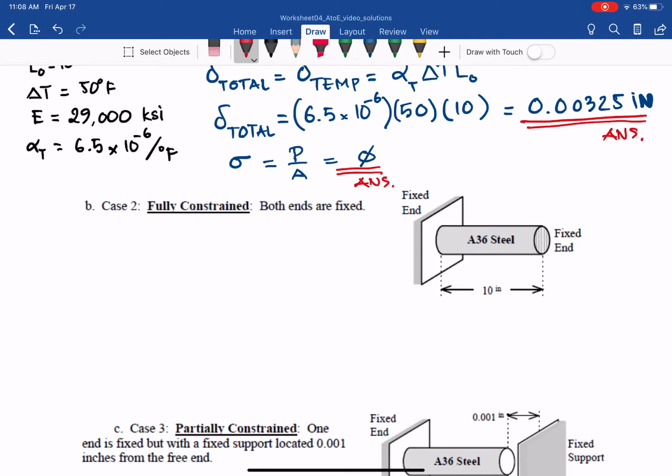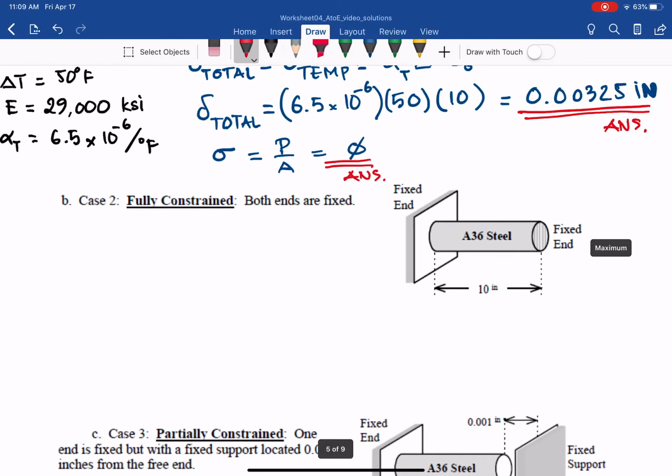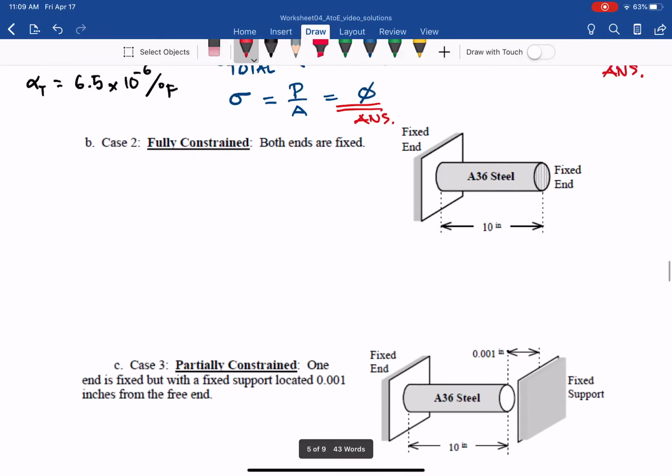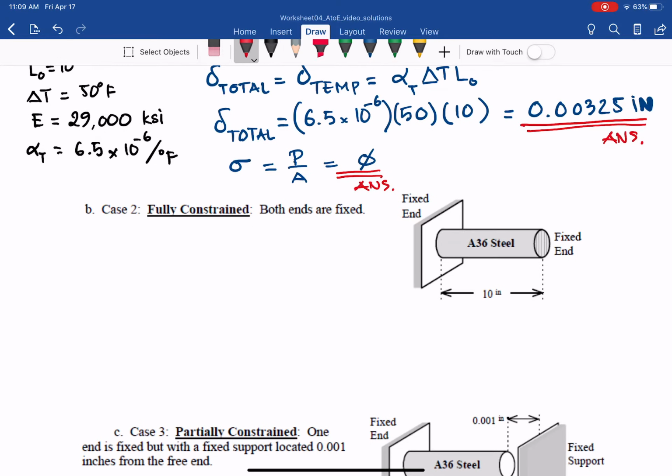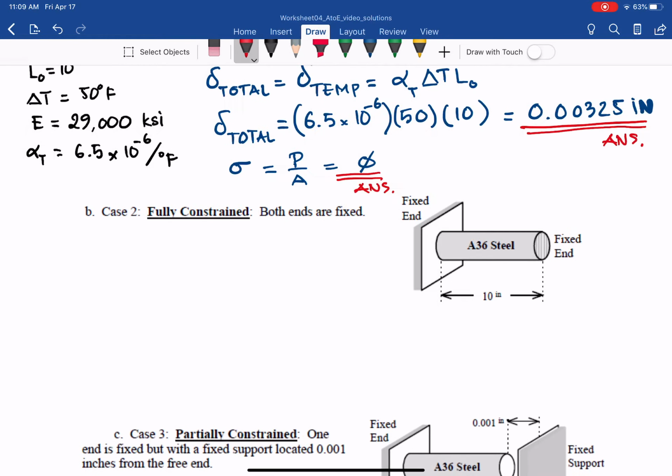That is fully constrained, meaning fixed at both ends. So the length of the steel is still 10 inches. It does not increase, even with the thermal expansion. That generates a load reaction from the wall on the member. So the total deformation will be 0.